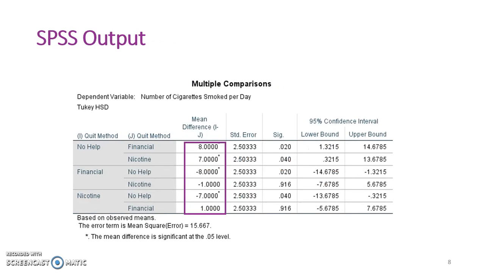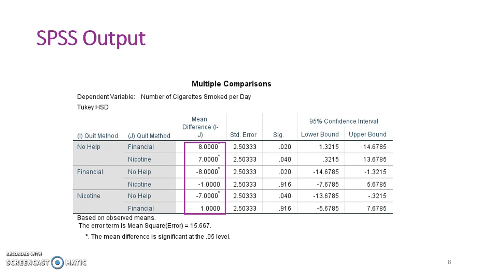So this is what the SPSS output would look like from doing multiple comparisons. This would be the post hoc comparisons route, where we compare all of the different mean differences. You can see that we have a couple of columns here on the left. We've got quit method 1 and then quit method 2.